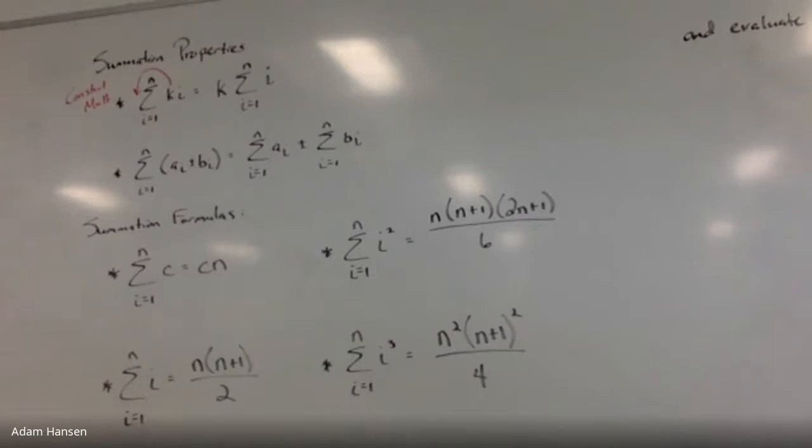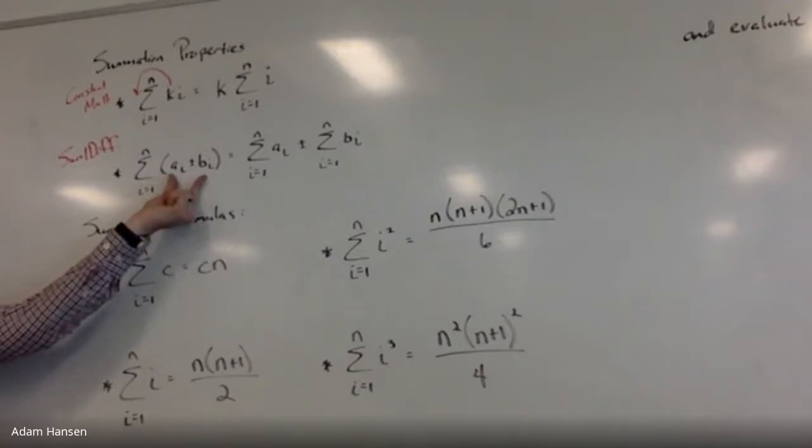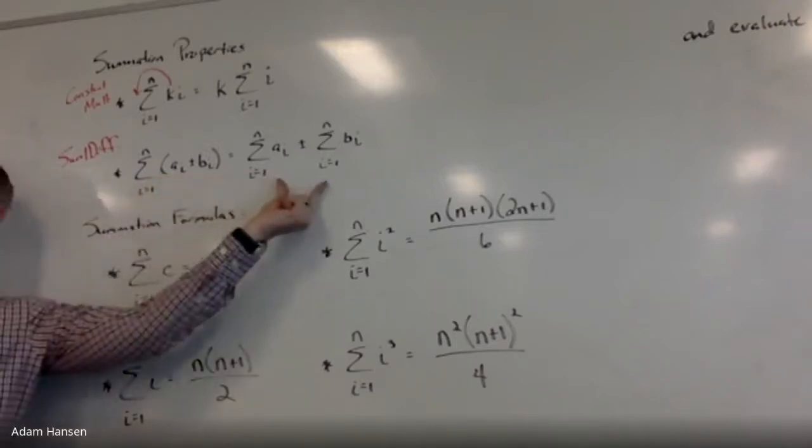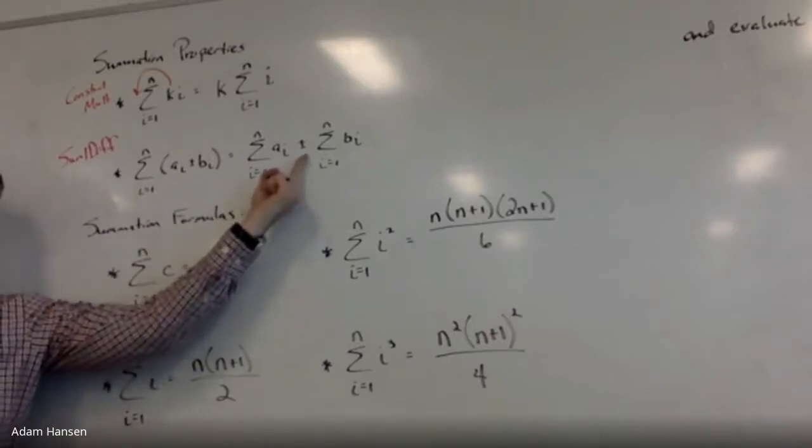Another summation property to keep in mind is kind of like the sum or difference rule that you've seen before with respect to derivative formulas. The summation of multiple terms separated by a sum or difference, a plus or minus, can be written as two different summations with a plus or minus.